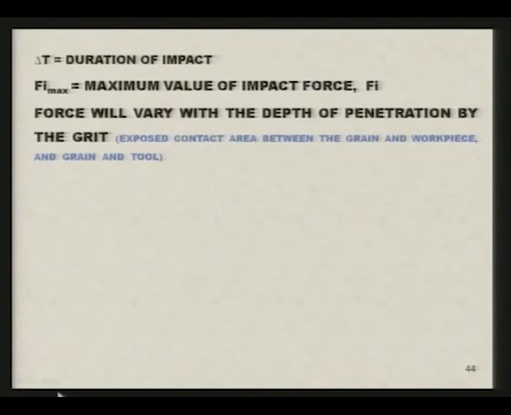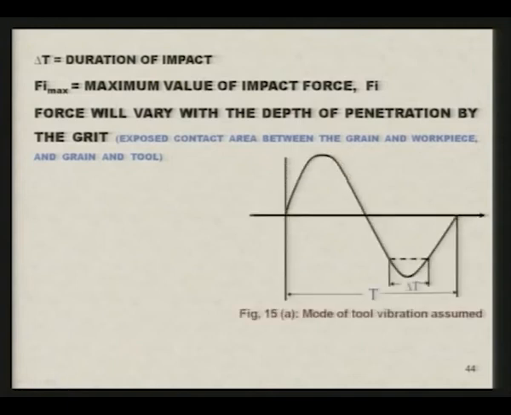Force will vary with the depth of penetration by the grit. Exposed contact areas between the grain and workpiece, and grain and tool, are different. Delta T indicates the period during which the abrasive is in contact with the tool and workpiece both, and capital T indicates the cycle time.